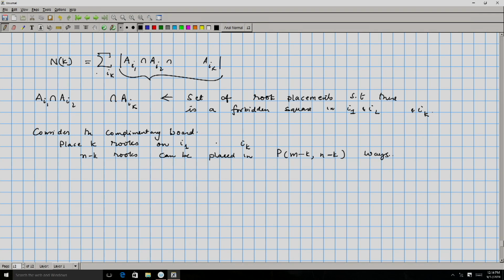So, A1 intersection AK basically denotes the set of rook placements such that the forbidden squares in I1, I2, Ik etc. are being used.